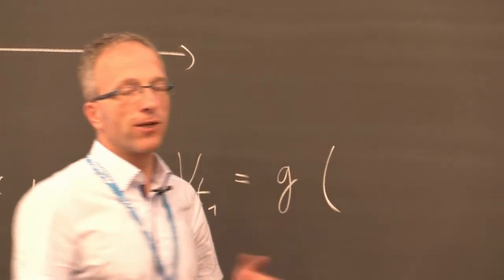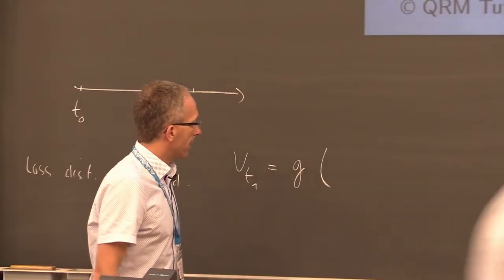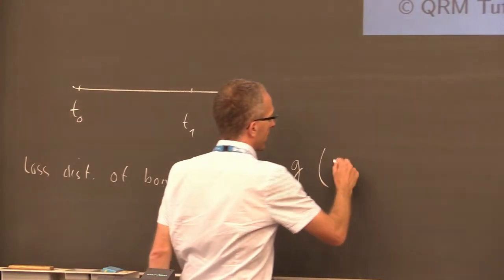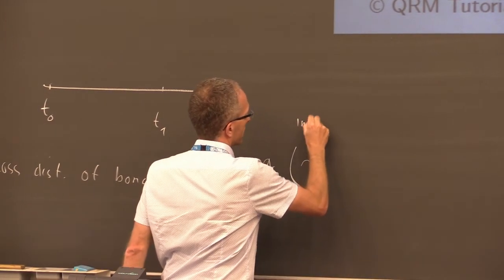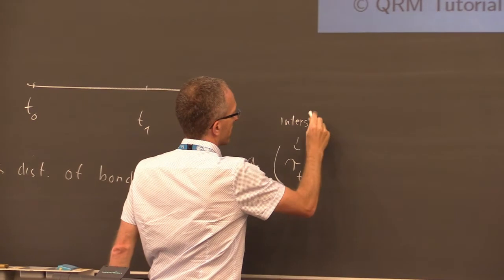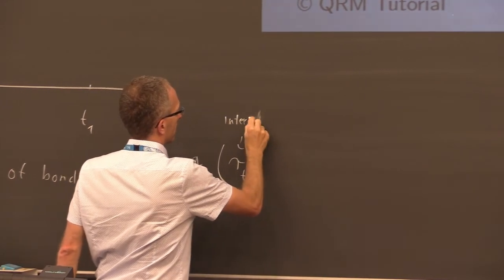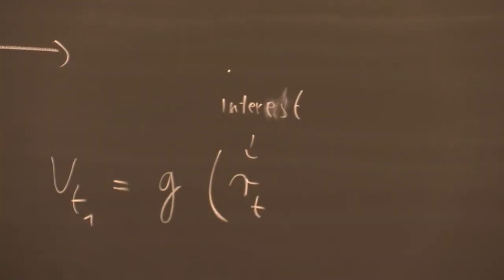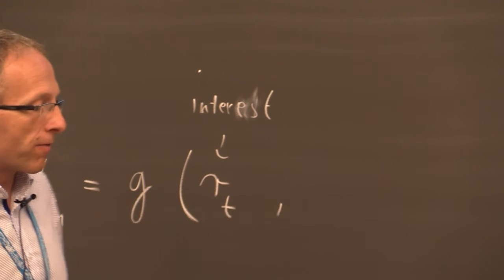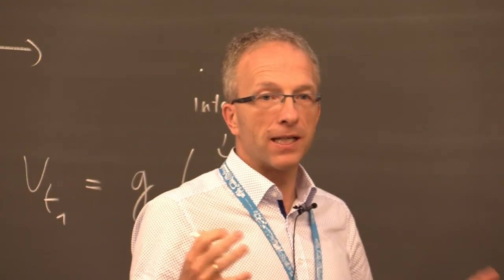And now what would be natural risk factors to consider? It would probably be some interest rate, r_t, which is changing. And it will depend on the credit spread of the bond, or on the market's estimate of the creditworthiness of that firm.